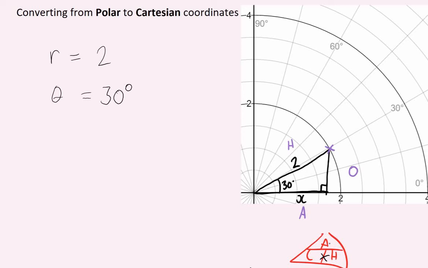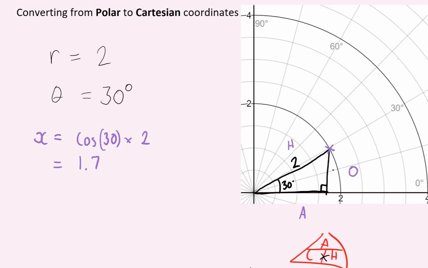So to work out the adjacent, we do cos of the angle times the hypotenuse. So let's write that down. To work out the adjacent, which is x in my case, because x is adjacent, that will equal cos of 30 times the hypotenuse of 2. Working that out on a calculator is going to be 1.7 something.